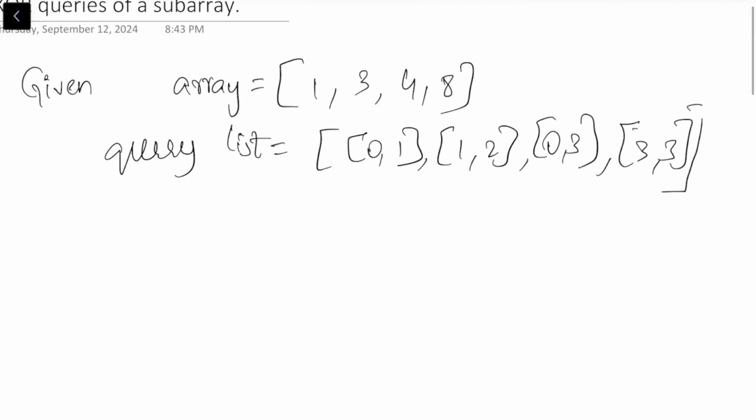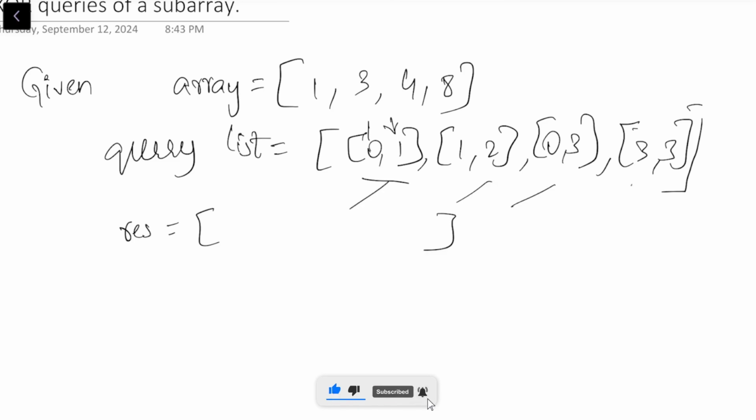You need to find the XOR of all the elements in between them including these. You need to populate a result list which contains all the answers for these queries. This is what we are expected to do.